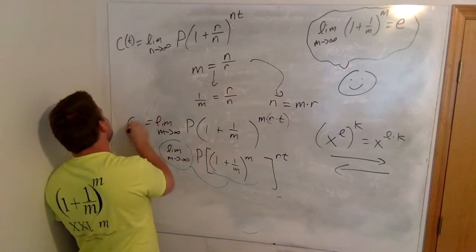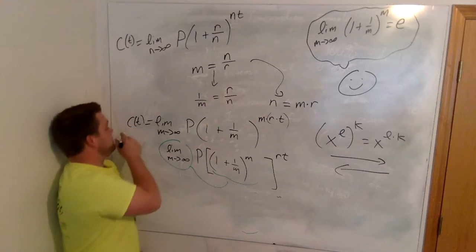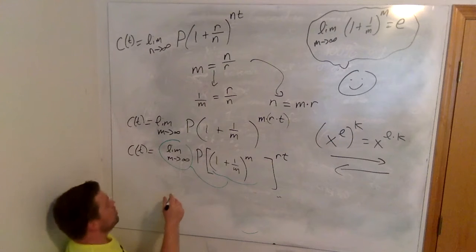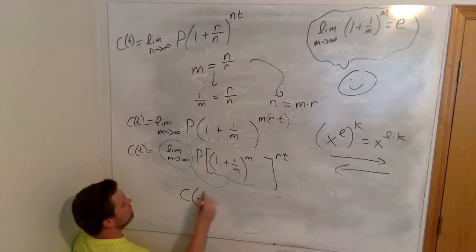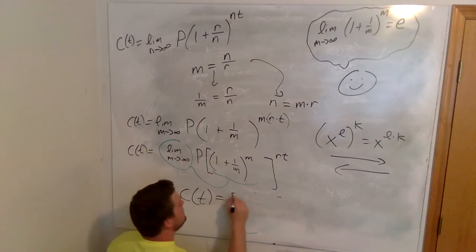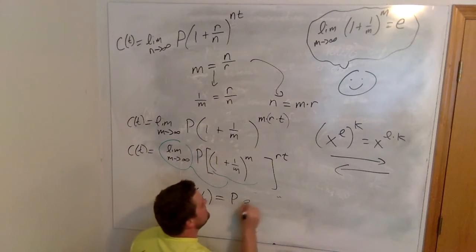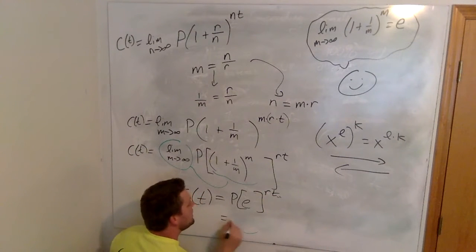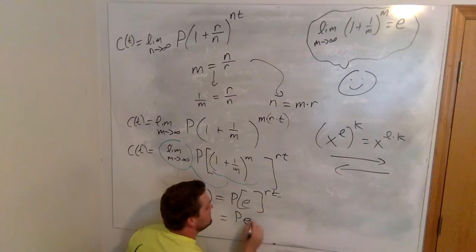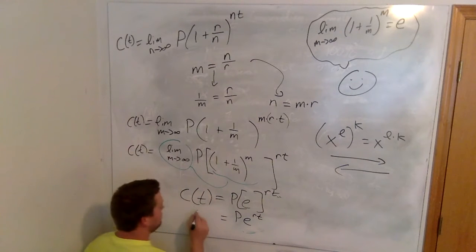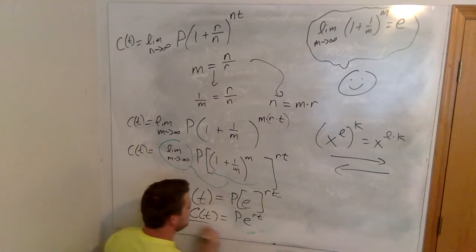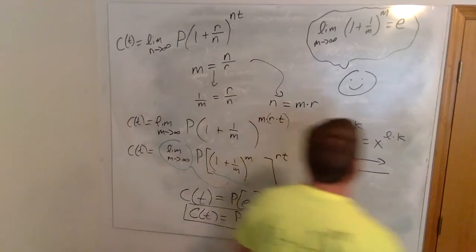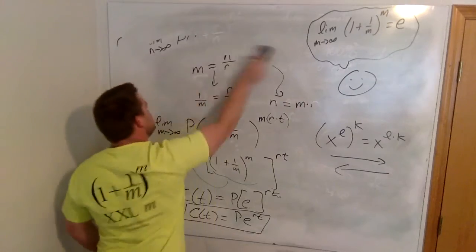This is still continuously compounding as a function of time. Now it's just P, but this is just e, and then to the r t, so we get P times e to the r t. And there we have it: the formula for continuously compounding. Let's write this up.